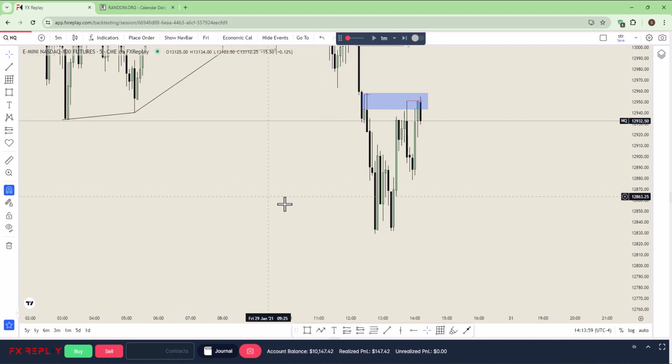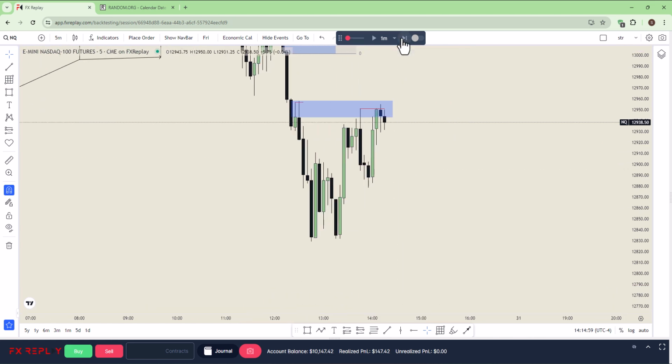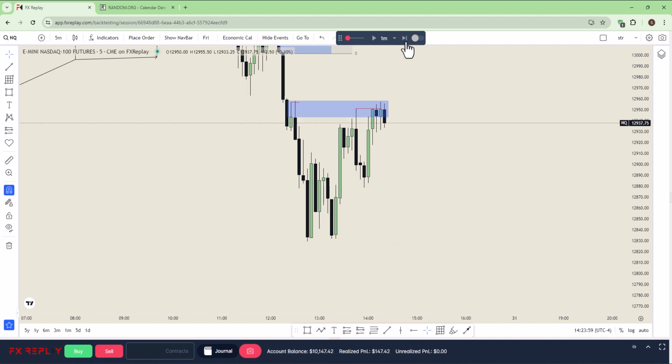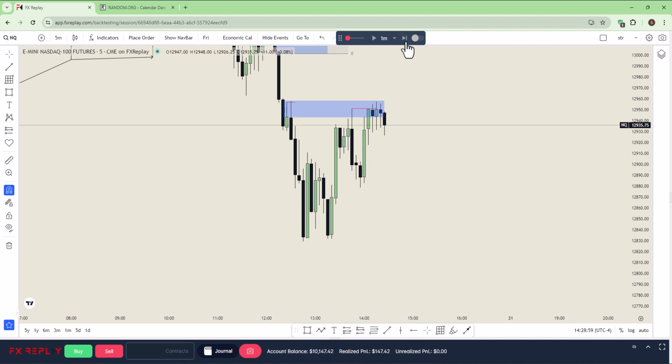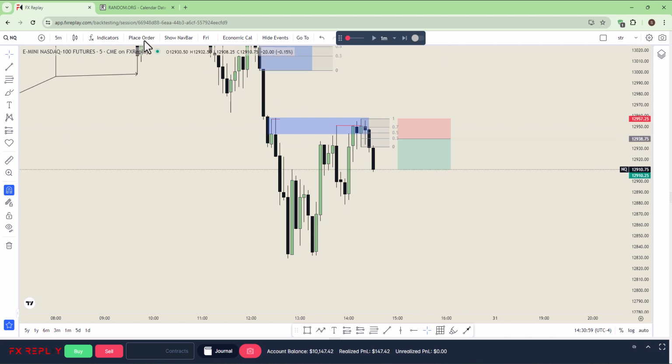On the 5 minute we have a sweep, but let's say if we're going to close below this one, now we need to close below this one. All right, we do have that here. So let's place our order.